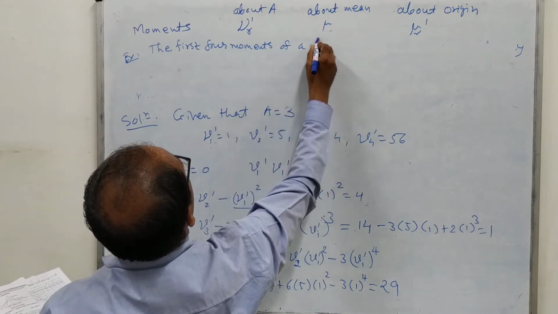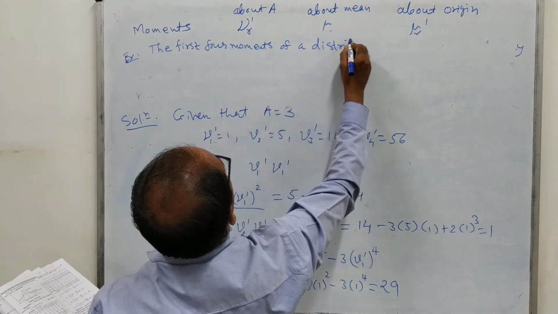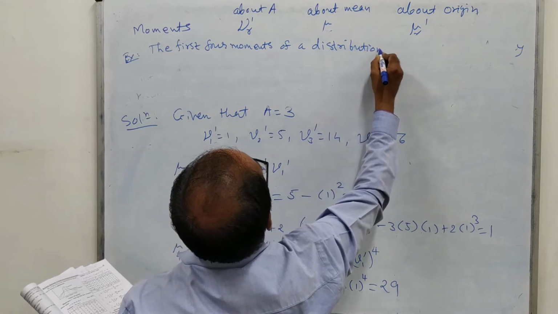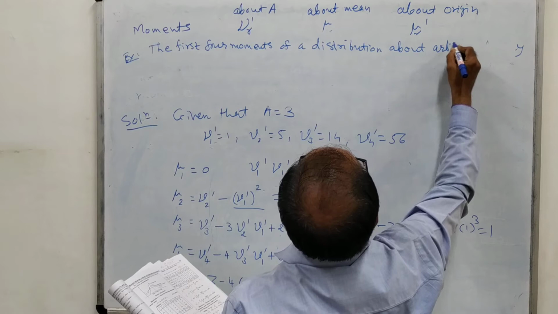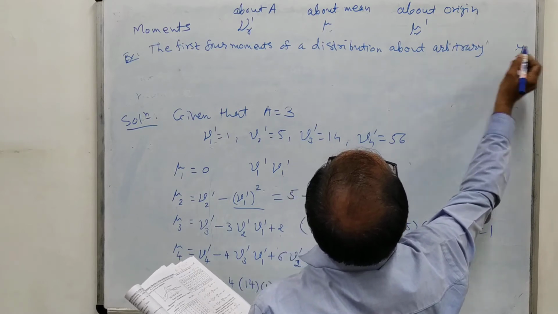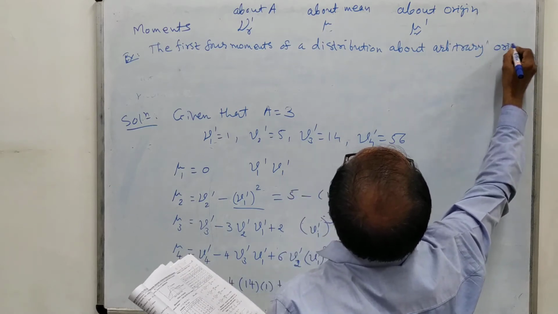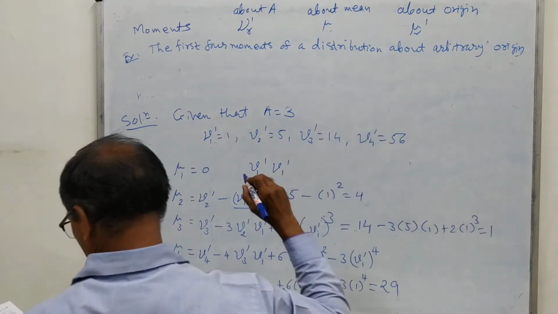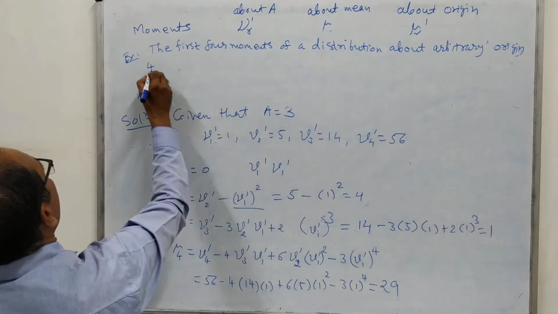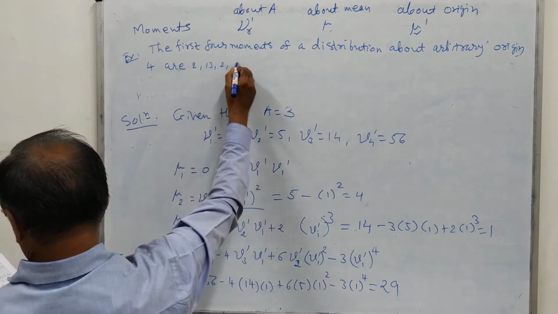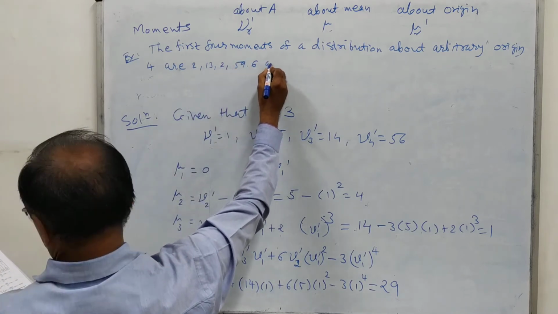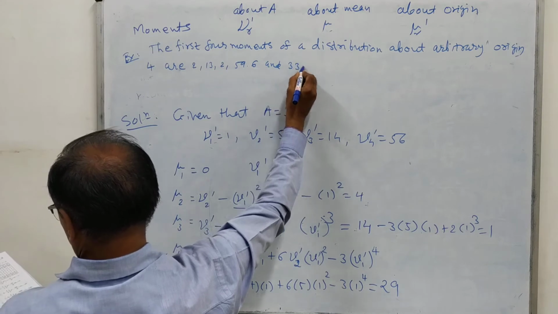a distribution about arbitrary origin 4 are 2, 13.2, 59.6 and 330.